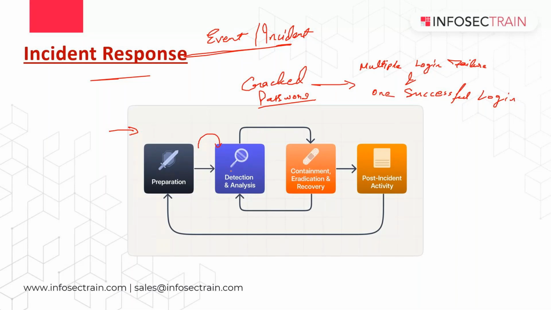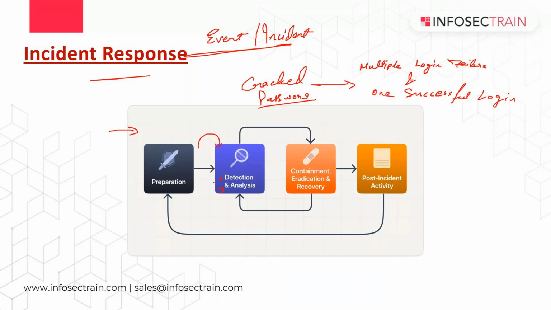The sensors can detect movement, so they got a movement in the house, raised an alert and notified the owner that there's human movement. Makes sense? So detection has happened, correct? If any attack happens, it needs to be detected as well. With detection, analysis happens, so we check whether it is really an incident or not.